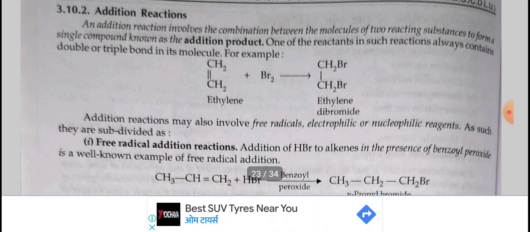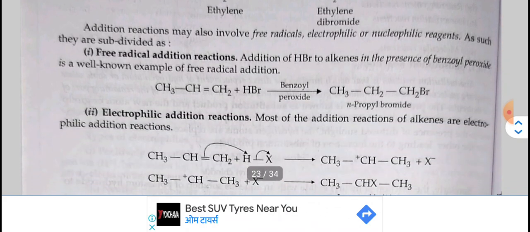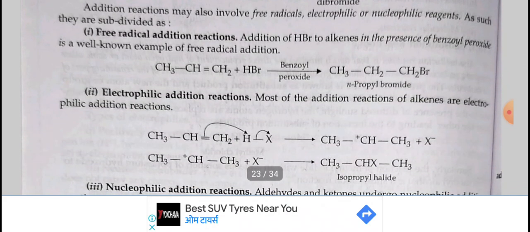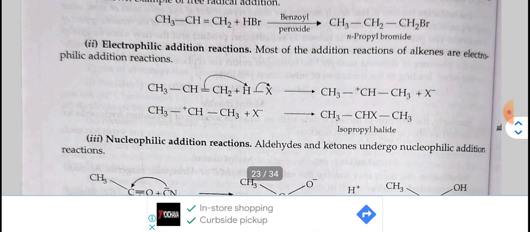As such, they are subdivided as: free radical addition reaction. Addition of HBr to alkene in presence of benzoyl peroxide is a well known example of free radical addition. Propene plus hydrogen bromide with benzoyl peroxide gives n-propyl bromide. Electrophilic addition reactions.